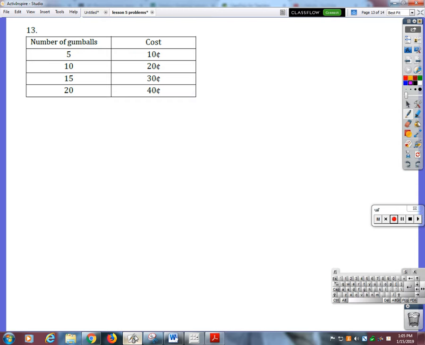This is discrete because what he said, you can't have half a gumball. You can't. Right, so that's another way of thinking about it. It's discrete because it's all whole numbers. For it to be continuous, you could have decimals also, okay?